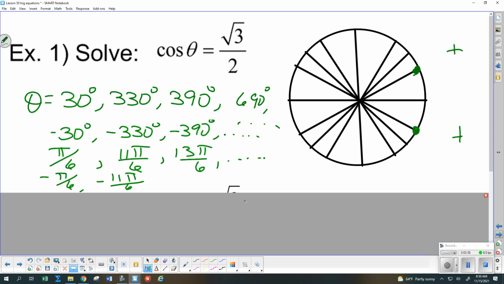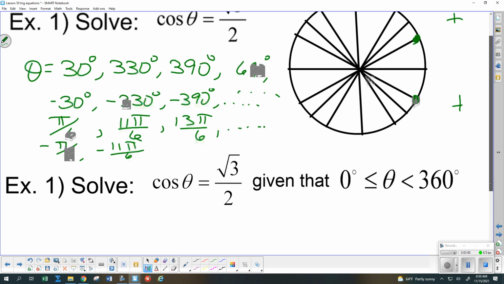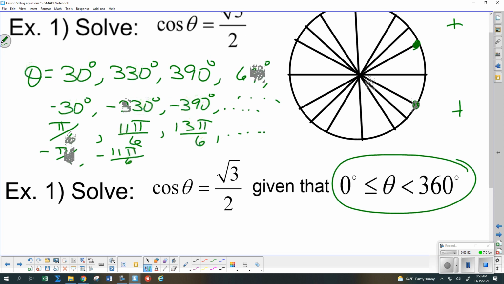So in order to solve these, we had to have a restriction on which answers we're looking for. So whenever you are solving these kinds of problems, you will have something like this. So same equation, but now saying just the ones between 0 and 360 degrees. They could do any restriction they wanted. They could do between 0 and -360 degrees.